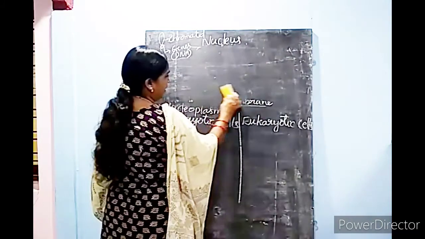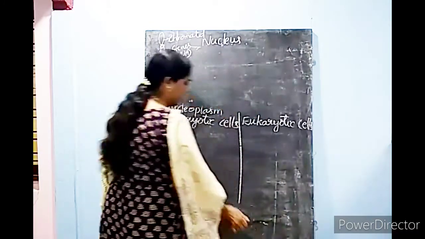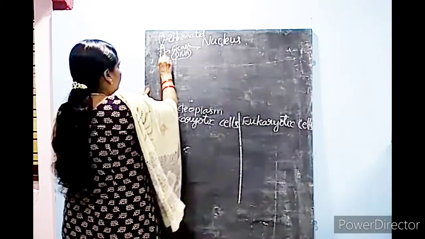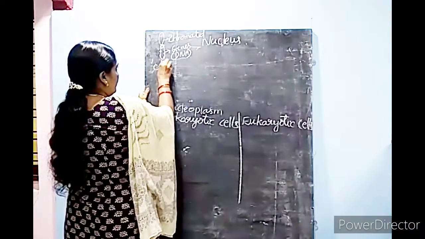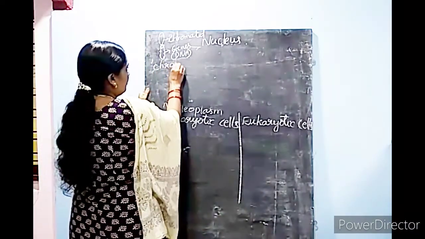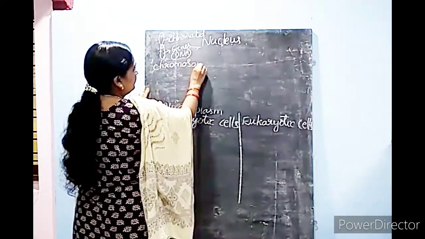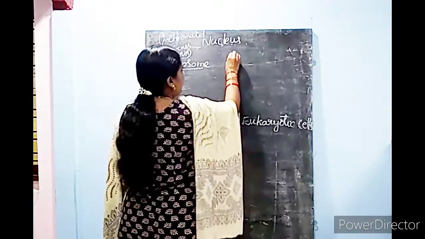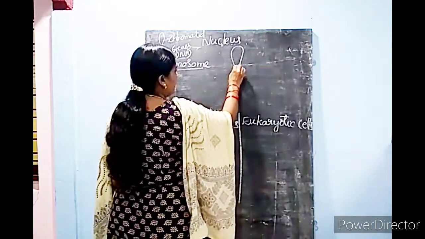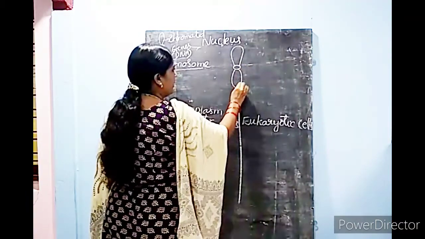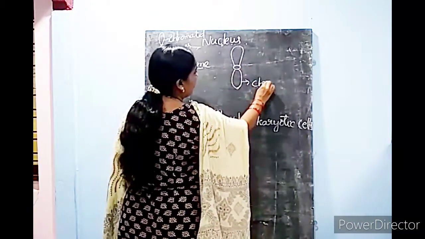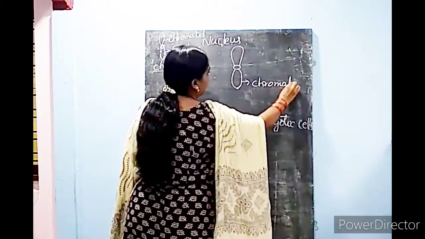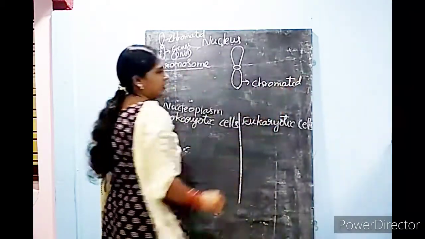Chromatin is present, right? The chromatin condenses and forms the chromosome. So this is the structure of chromosome. The chromosome structure is in spindle shape. Two chromatids are present. How many chromatids are there in each chromosome?